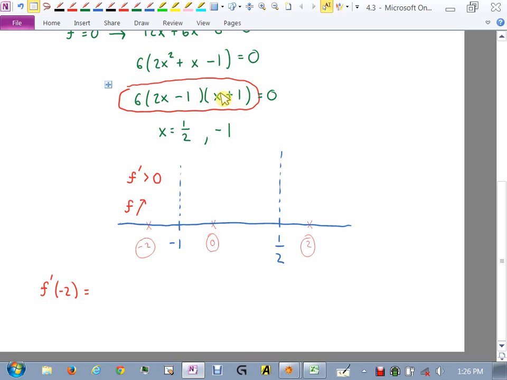A negative times a positive is negative. Times 6, still negative. So that means that the derivative over here is less than 0, which means that the original function is decreasing. And then I plug in 2. And it's going to be positive. And that means the original function is increasing.